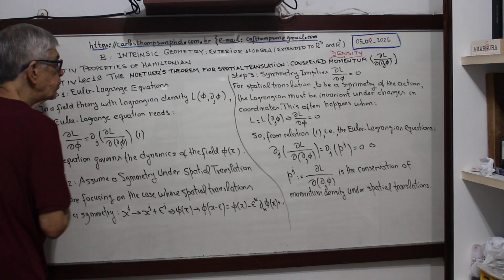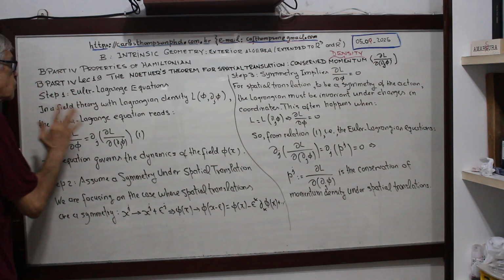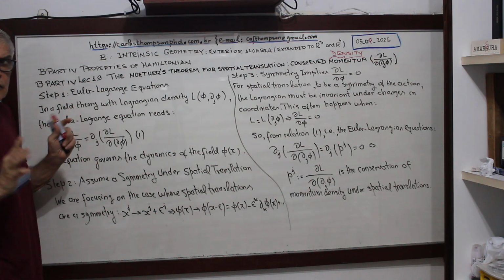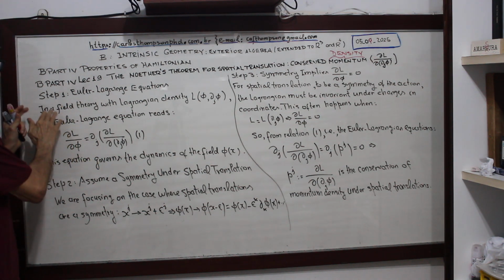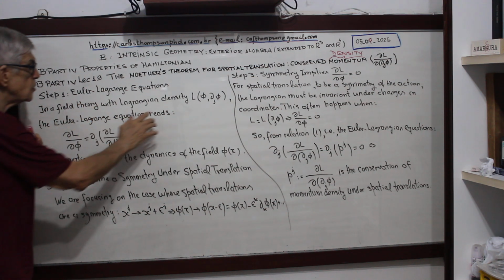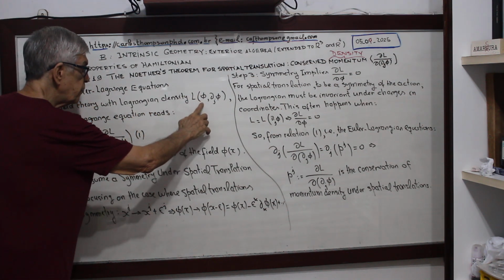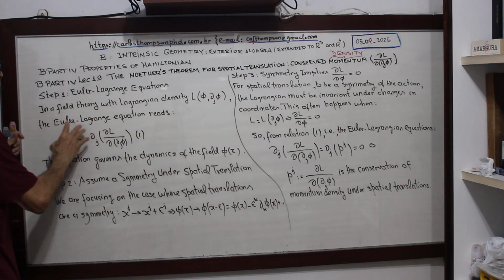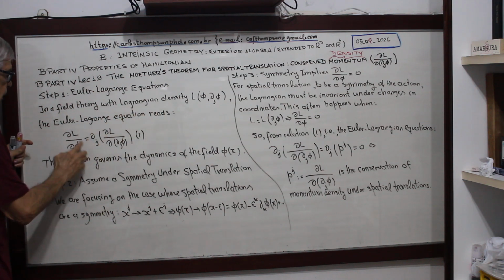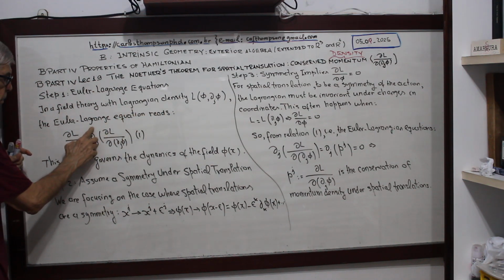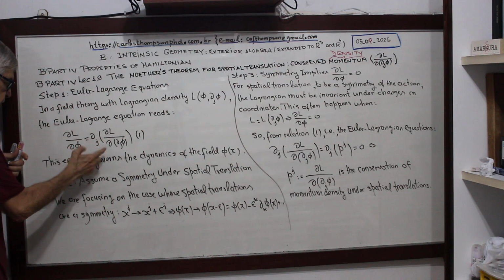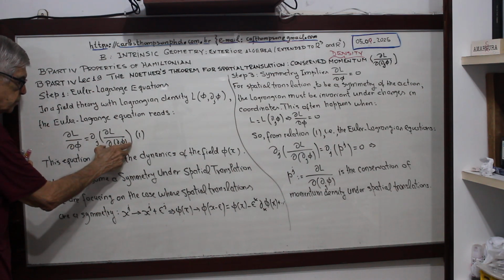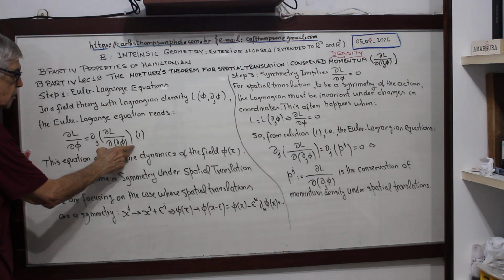prove that, first of all, step 1, you start with the Euler-Lagrange equations. In a field theory with Lagrange density L, a function of phi and the partial derivative of phi, the Euler-Lagrange equation reads: partial L over the partial derivative of this term over here, okay?